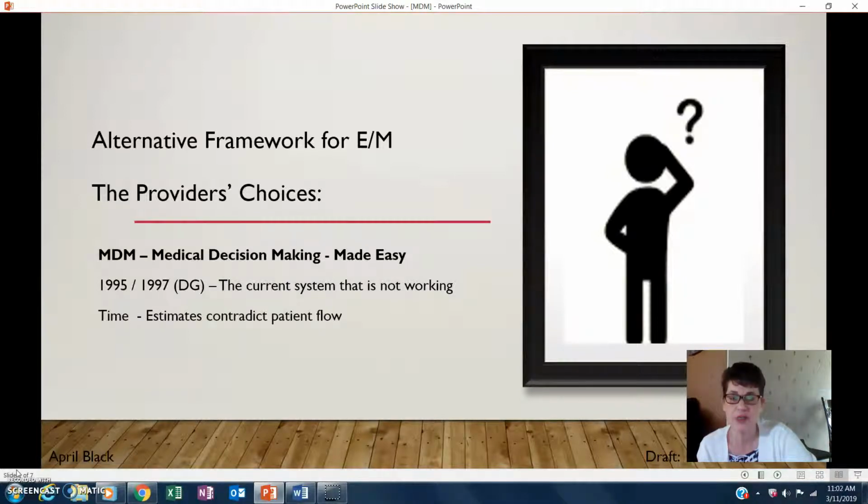So, if your documentation supports a complex medical decision making and the presenting problem, then you will receive that payment. Under the Simplification Act going forward. But let's talk about today, because today medical decision making is just as important as it will be in the future, if not more.